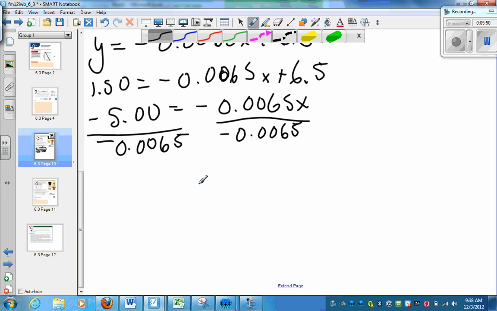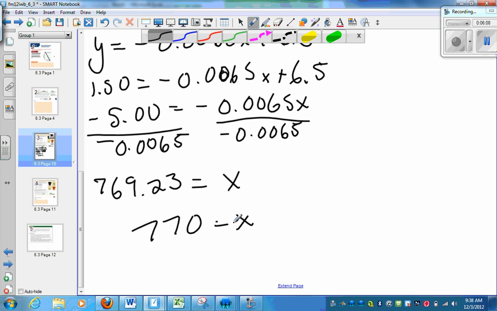If I got out a calculator, I would see that x is equal to 769 and change. So that means I need to order, because we always have to round up, we can't have 0.23 of a shirt, 770 shirts to get that discount.